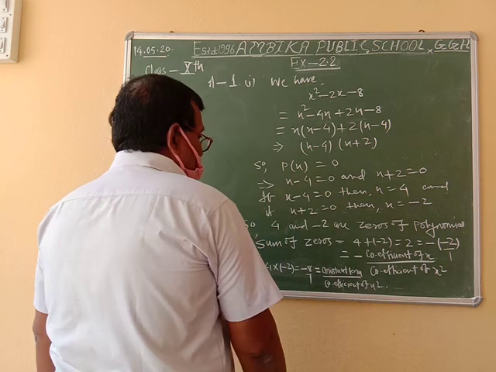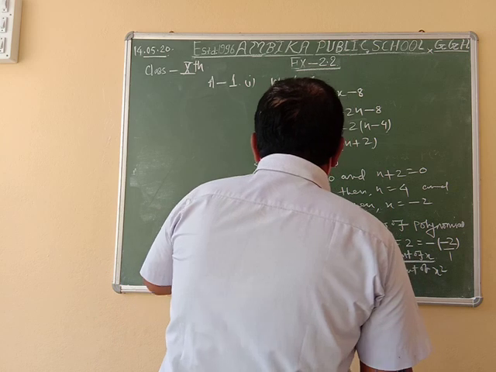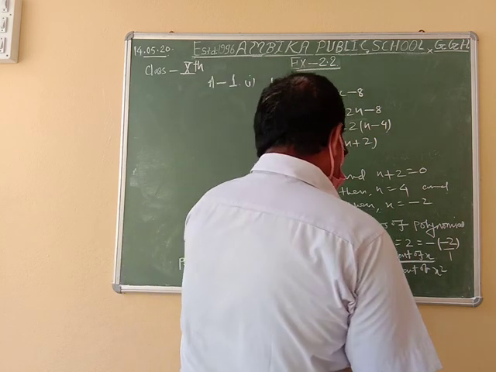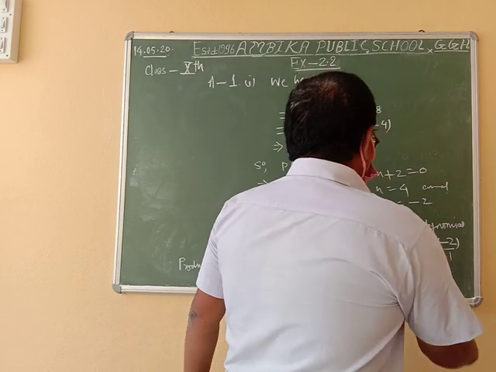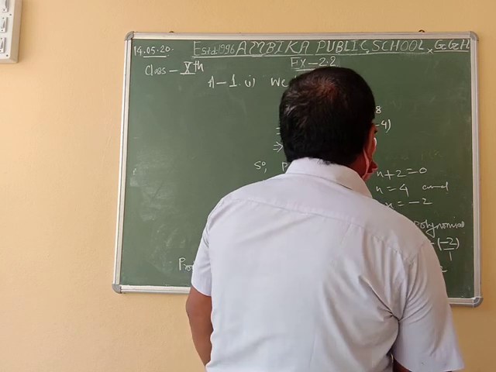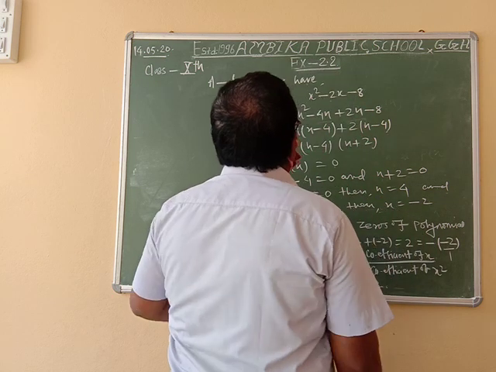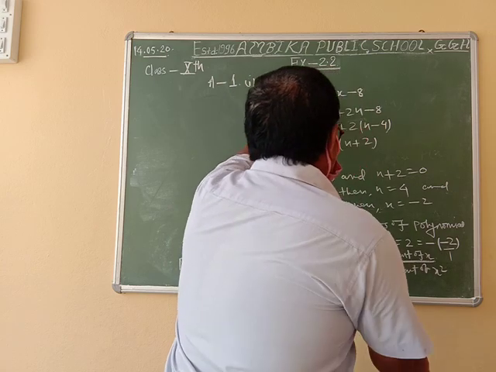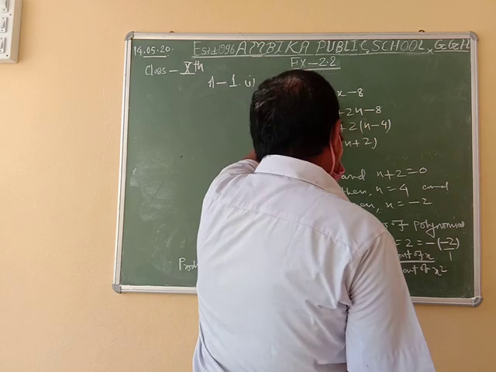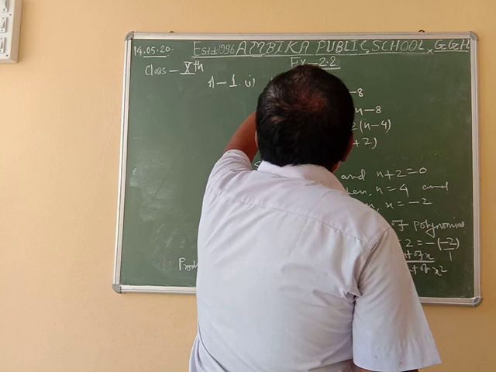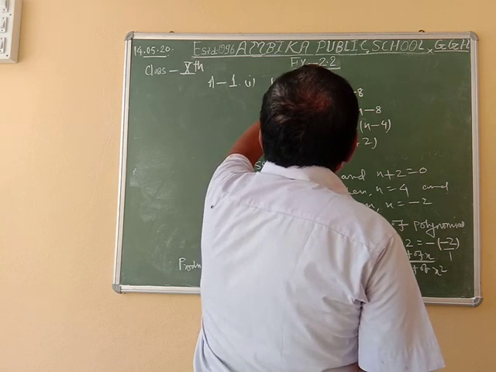So hence it is verified that sum of zeros is equal to minus into minus 2. Here in the polynomial, minus 2 is coefficient of x and coefficient of x square is equal to 1.